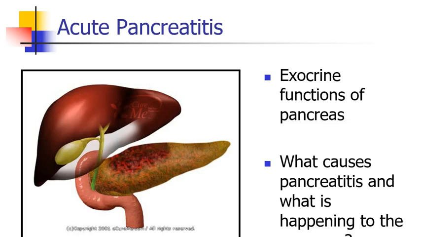What happens with pancreatitis is that the enzymes are activated early, so instead of breaking down food, they're actually breaking down your pancreas and your pancreatic duct. Or the pancreatic duct is blocked, so now those enzymes are backing up into the pancreas and then eating away and inflaming the pancreas. So it's early activation or blockage that can cause acute pancreatitis.